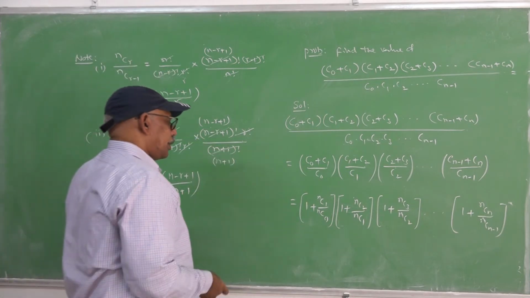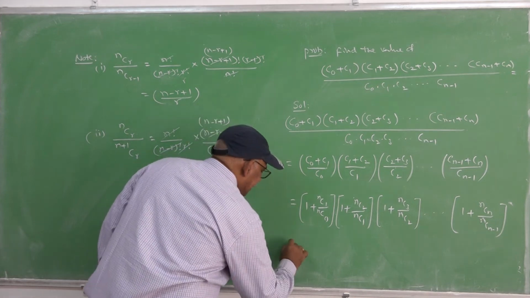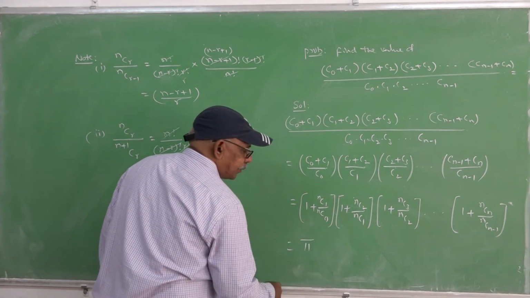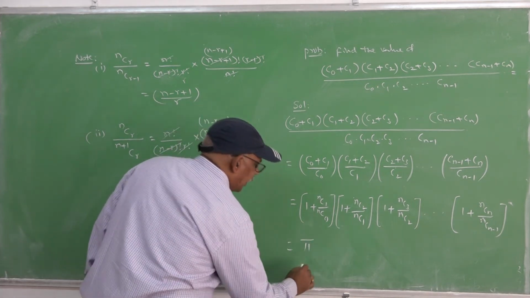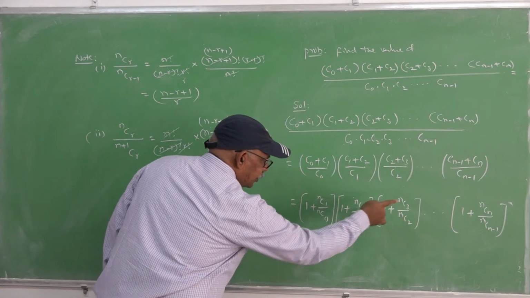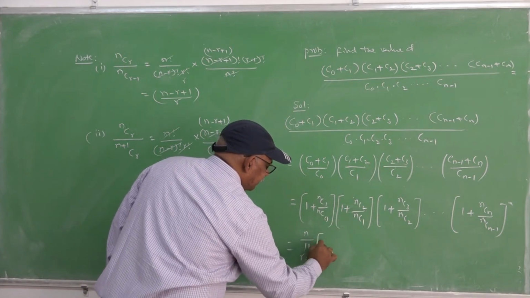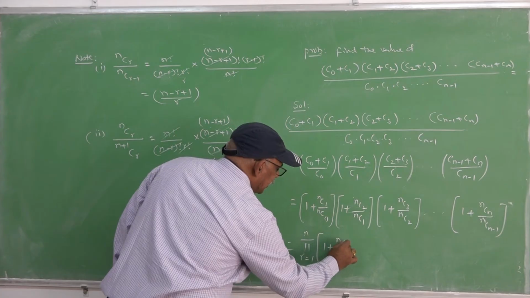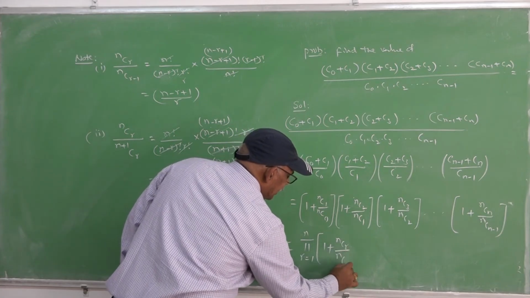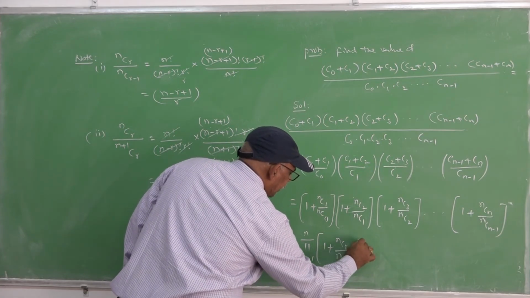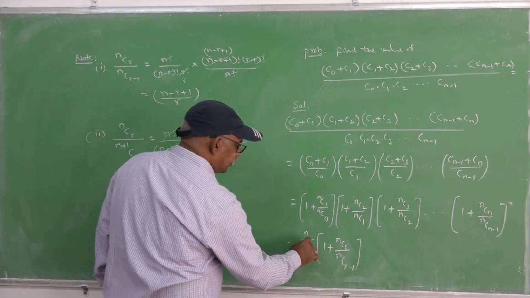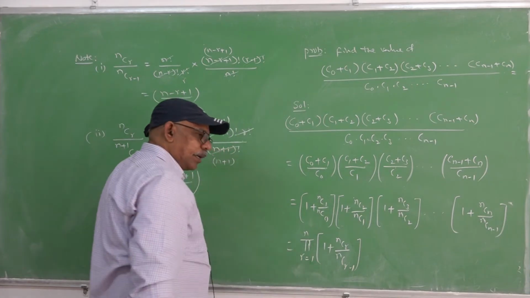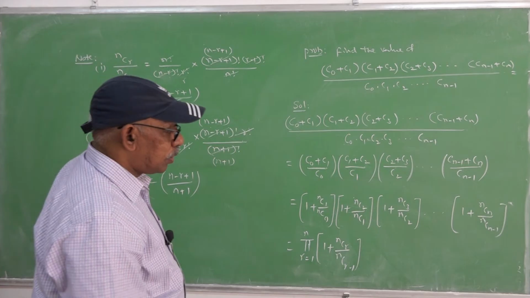So you can write it as the product Pi, r from 1 to n, of (1 + nCr/nCr-1). Capital Pi stands for the product of all the factors.